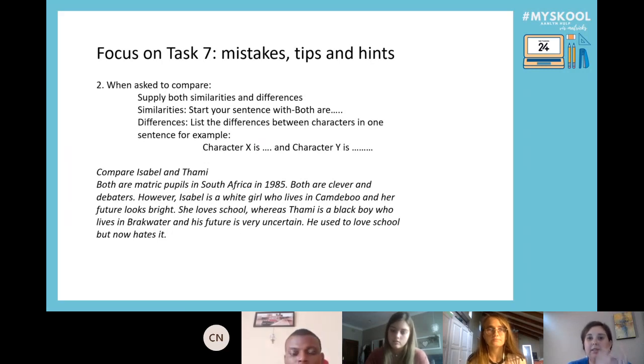In what ways are they the same and in what ways are they different? Similarities, start your sentence with both are. In other words, characteristics that they both share. Differences, characteristics that they don't share. How is one different from the other? For example, character X is this and character Y is that.